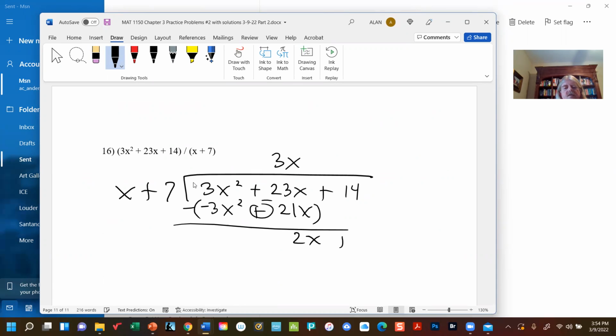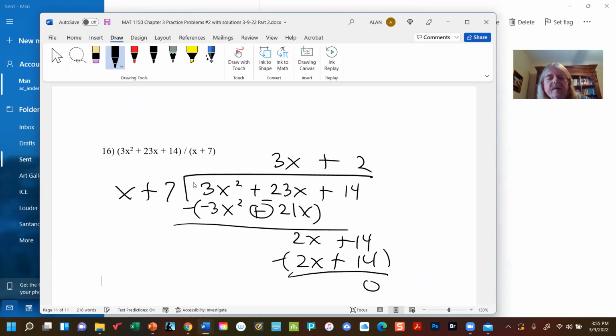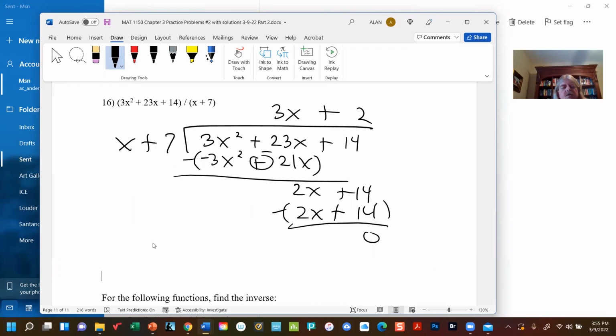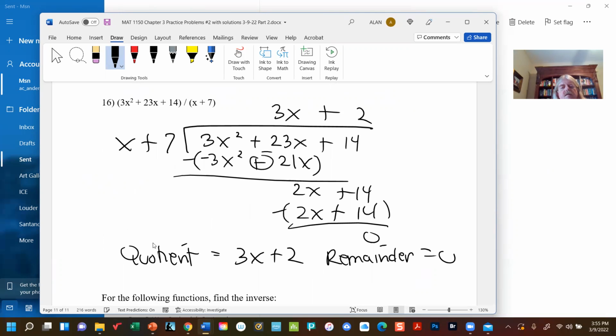So 2x plus 14, well, what do you know? It looks like we have another case with no remainder. All right, beautiful. So the quotient is 3x plus 2. Remainder is 0.